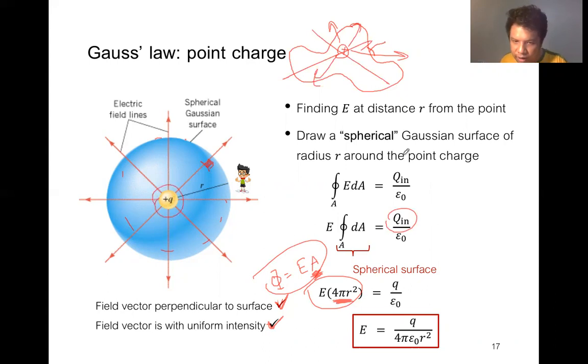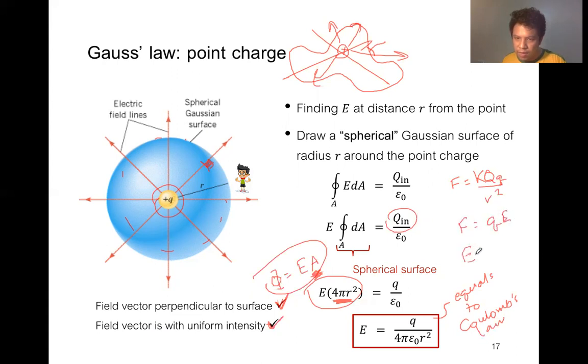So we can prove that E is equal to Q over 4 pi epsilon 0 r squared. So this is equal to Coulomb's law. Because in Coulomb's law, we have F equals K Q Q over r squared, and we have F equals QE.